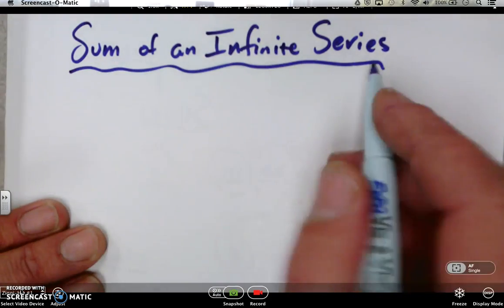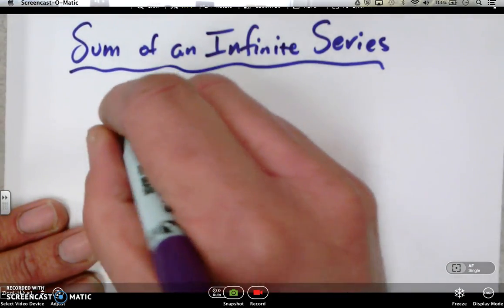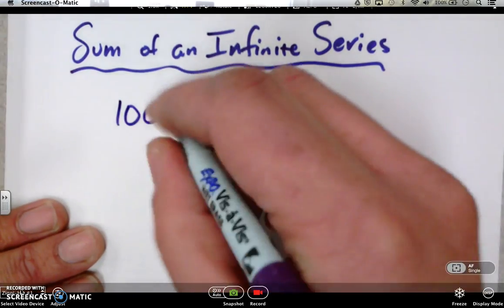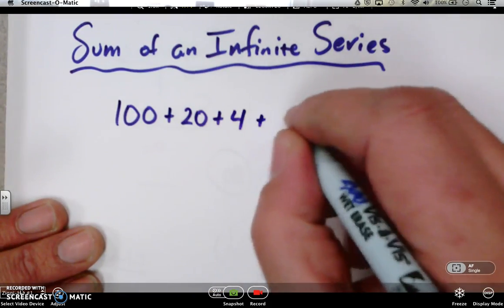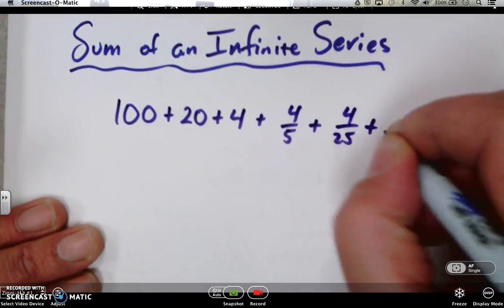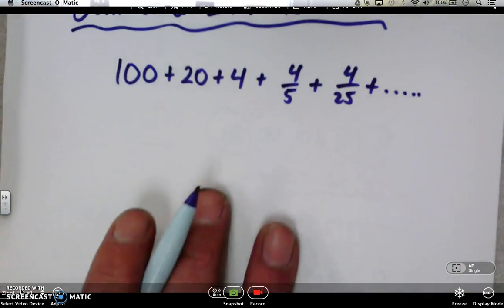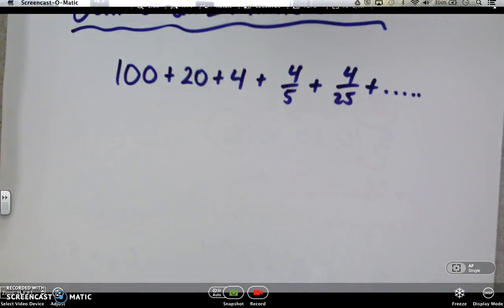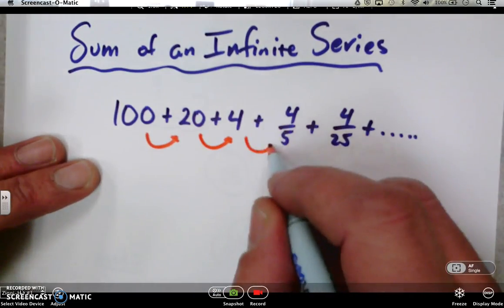We just want to practice this. So, infinite series is something that obviously is infinite. So let's say we had something like 100, and then 20, and then 4, and then 4/5, and then 4/25, and then dot, dot, dot. Once you get into fractions, maybe we don't want to work with fractions, or maybe we don't mind them. What it is though, the ratio is just what it's doing to get to each one.